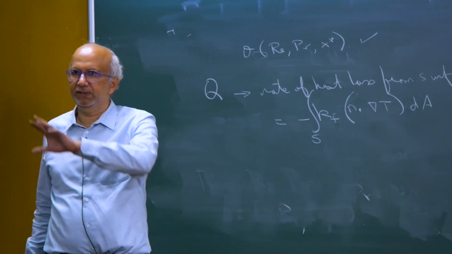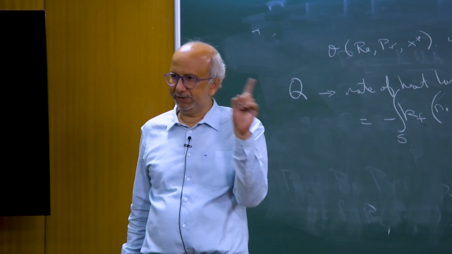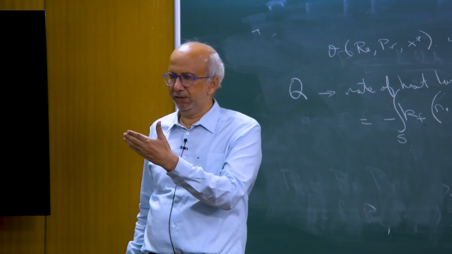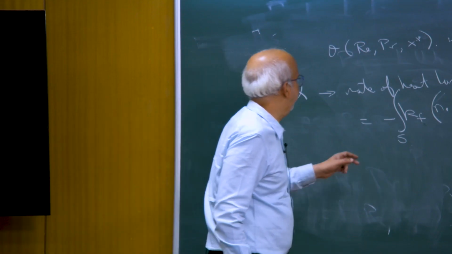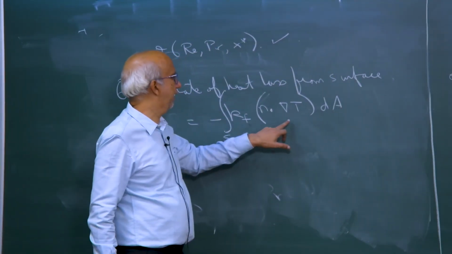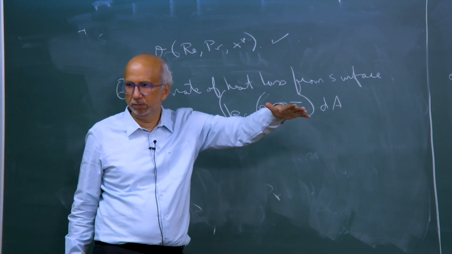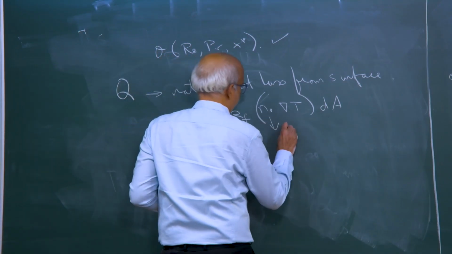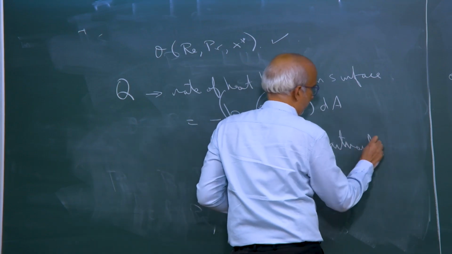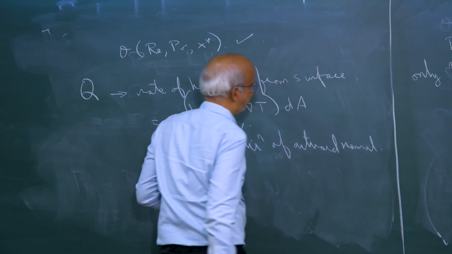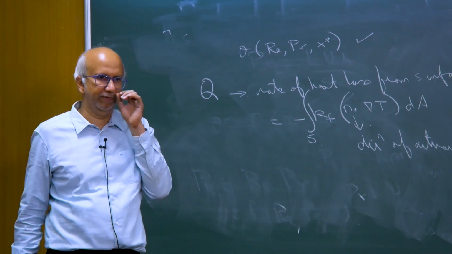So, this body has an area A, and at every point the temperature is constant, but the gradient can be changing, and the normal direction n can change, because it can be an arbitrary shape. So K n dot del T dA is the rate of heat transfer, where n is the direction of the outward normal. This is the rate of heat transfer that you have.